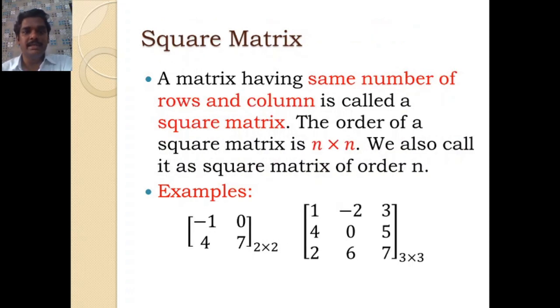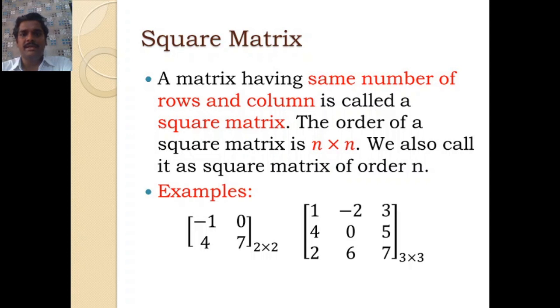Let's move to the next type, square matrix. Okay, square matrix is what? A matrix having same number of rows and columns is called a square matrix. Same number of rows and same number of columns. Number of rows is equal to the number of columns. So suppose I say number of rows equals 2.